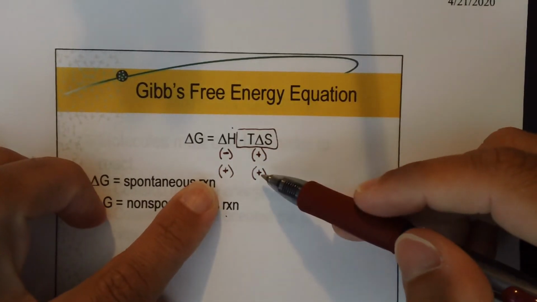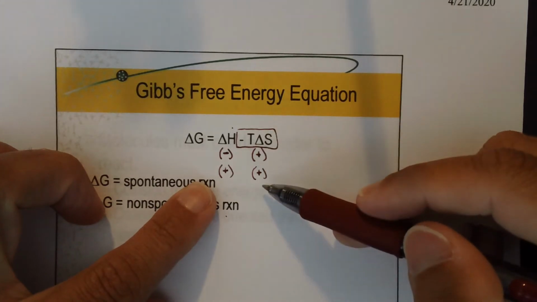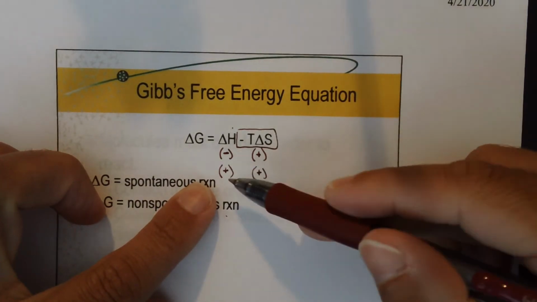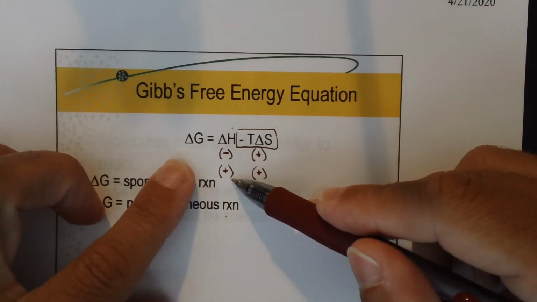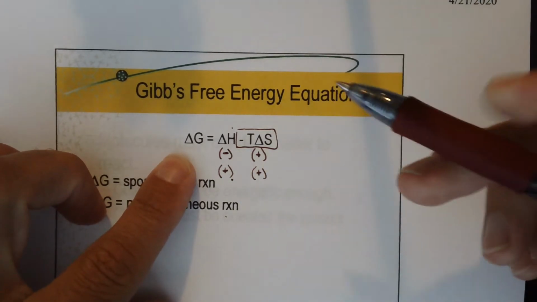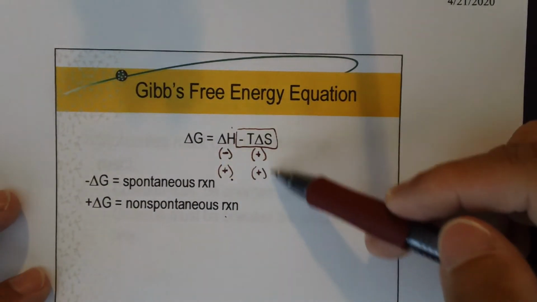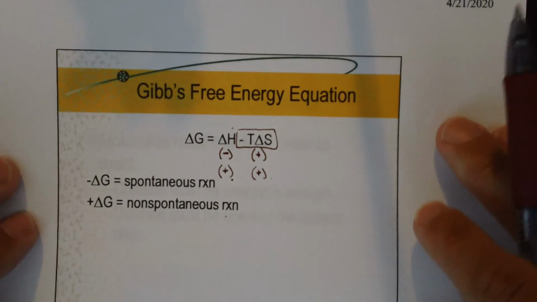Good? And so we'd have to have a high temperature to make that negative enough to overwhelm that endothermic reaction and still make it spontaneous. So you can look at those signs and figure out what makes a reaction spontaneous, what makes a reaction non-spontaneous.